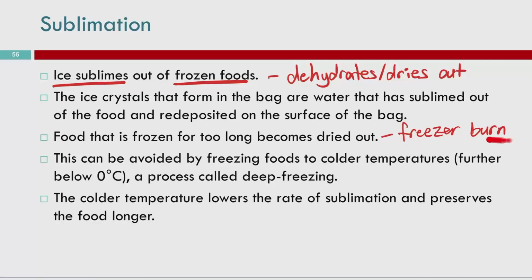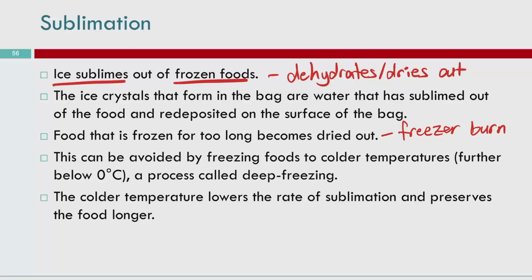And a way that you can avoid freezer burn is by freezing foods at colder temperatures, like with a deep freezer. So if you're somebody that goes out and hunts, and you've got a big chest freezer in your garage or somewhere else, hopefully it's storing at even lower temperatures than the freezer in your house. And so things that you throw in there, or you vacuum seal them, are going to stay good longer because they don't have time to accumulate as much freezer burn because they're at colder temperatures.